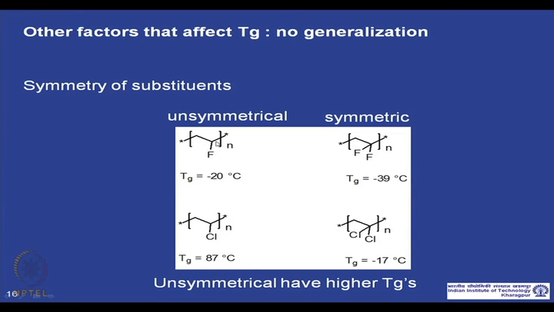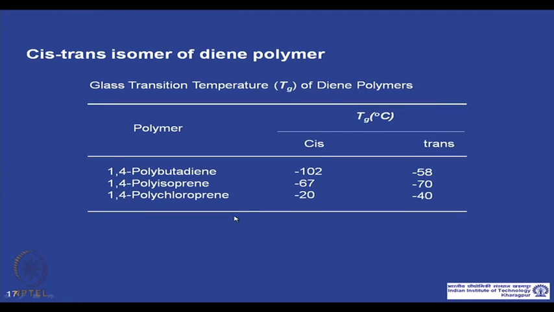There are a few other factors which affect Tg, which do not have any generalization. I will just quickly go through that. For example, compared to symmetric substitution, like 2 substituted F versus 1 substituted F, the unsymmetrical one has the higher Tg. These are 2 examples. And now, the cis-trans isomers for diene polymers have different Tgs.